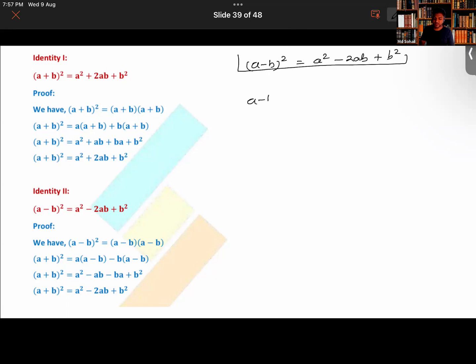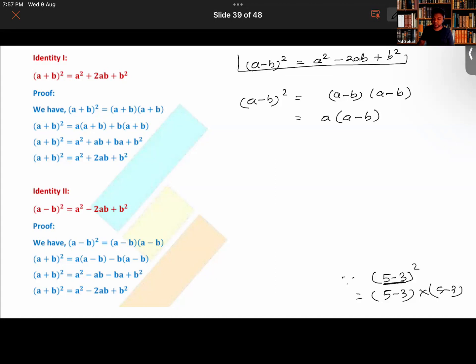Now we know that A minus B whole square is the same as A minus B into A minus B. Since 5 minus 3 whole square can be written as 5 minus 3 into 5 minus 3. Whatever the values inside the bracket, you just multiply it with itself. So here again, it will be A into A minus B, and then plus minus B into A minus B.